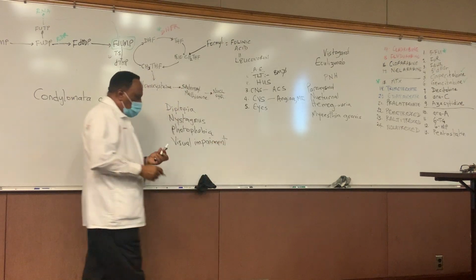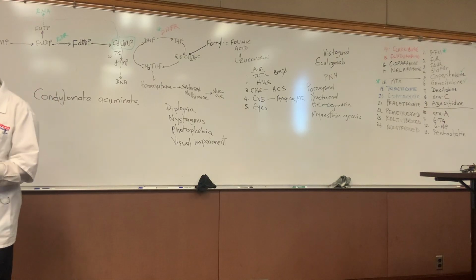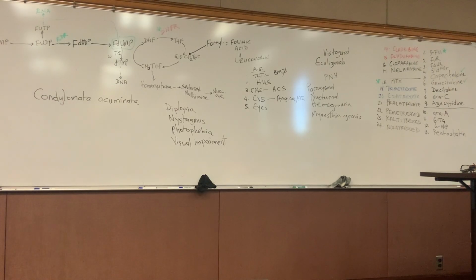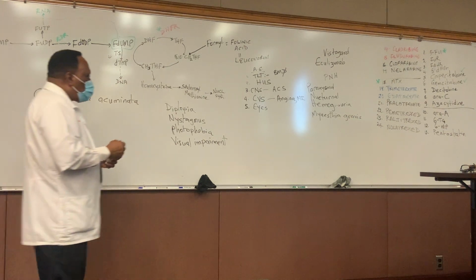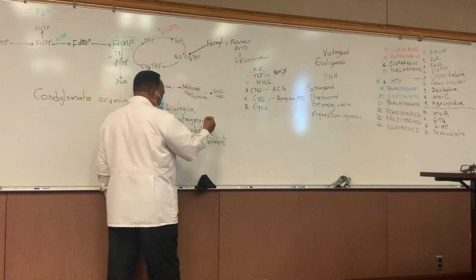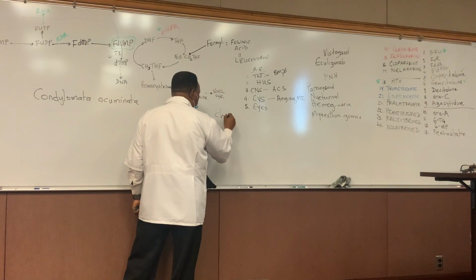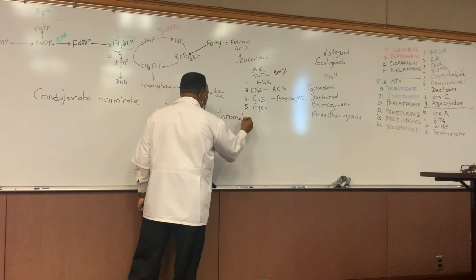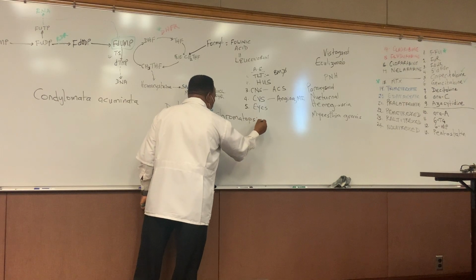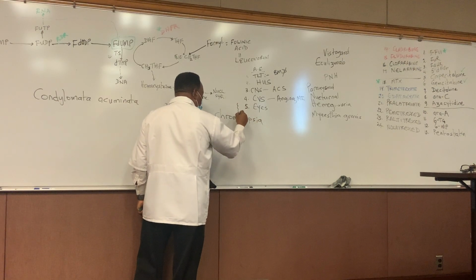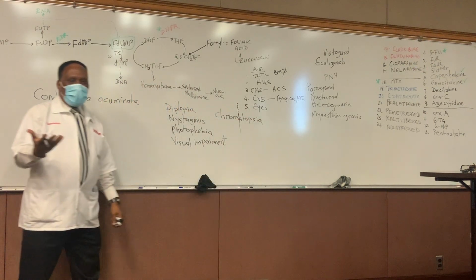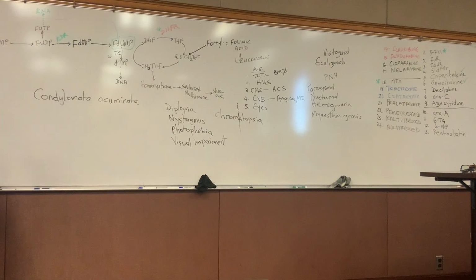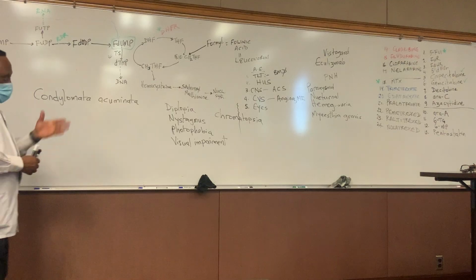And sometimes it can even include problems with discerning colors, or what you will call chromatopsia. So chromatopsia, you can see with your 5-FU.